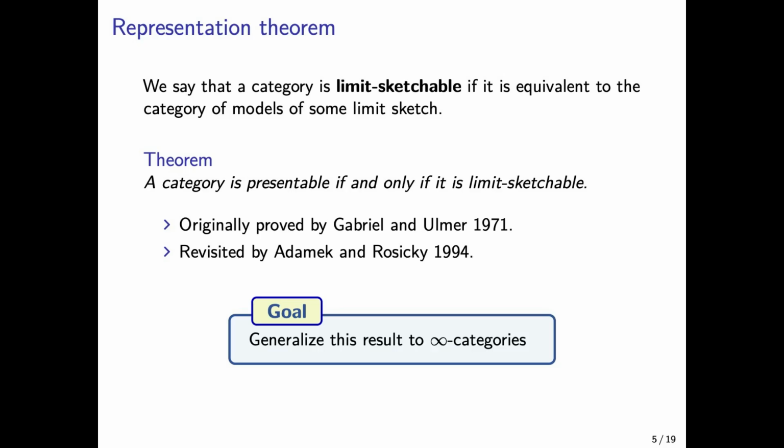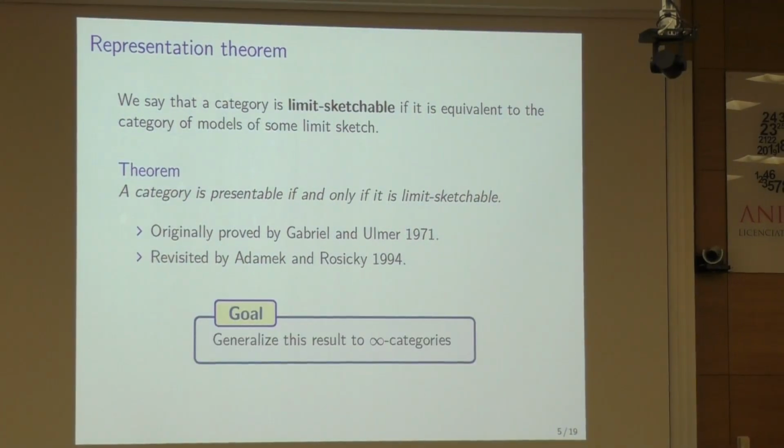So these two ingredients, which had totally different definitions, are in fact totally related. This result was proven by Gabriel and Ulmer in the 70s, and I have mostly worked from the revised version in the book of Adámek and Rosický.